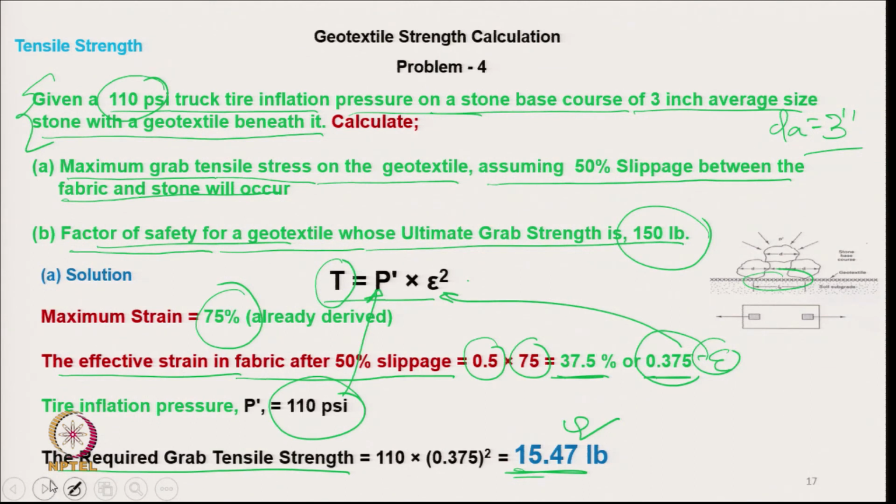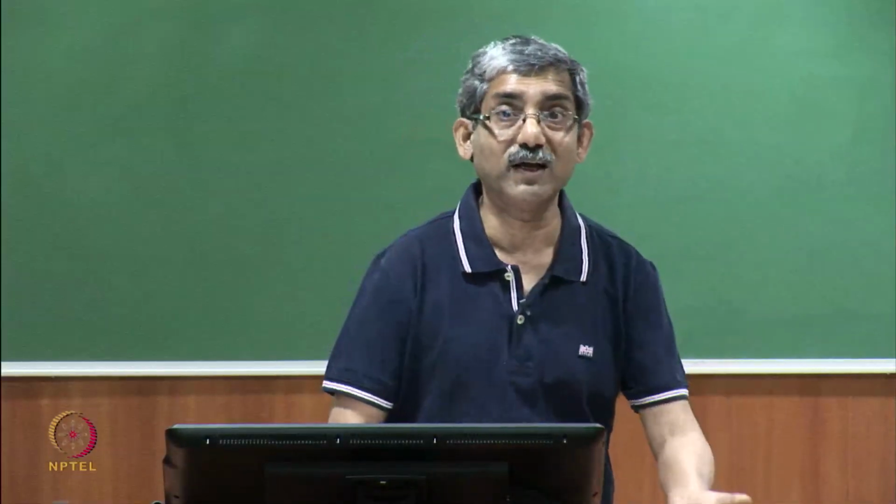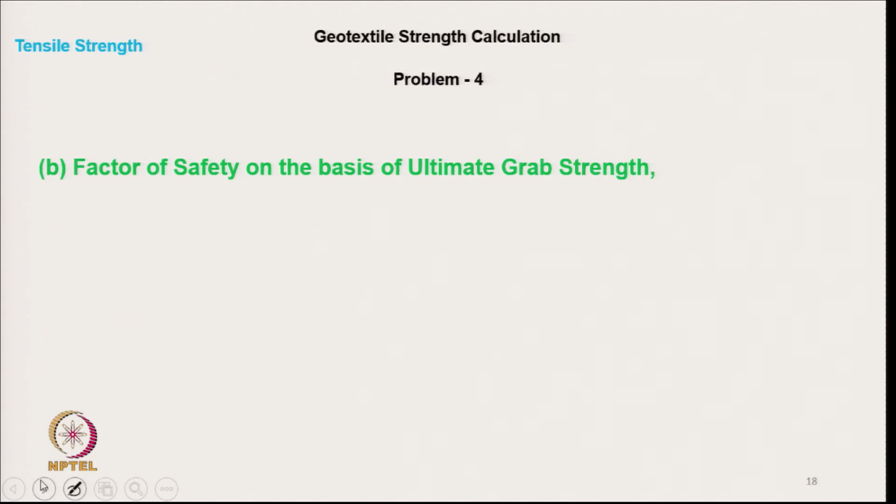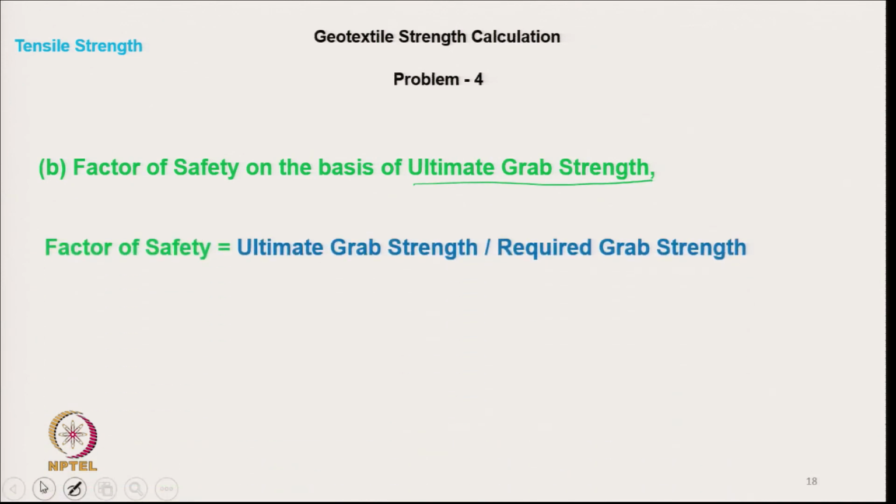We need grab strength of 15.47, but we have a material of grab strength 150 pound. So, the ratio of these two will effectively be the factor of safety. Factor of safety on the basis of ultimate grab strength is the ultimate grab strength divided by the required grab strength.